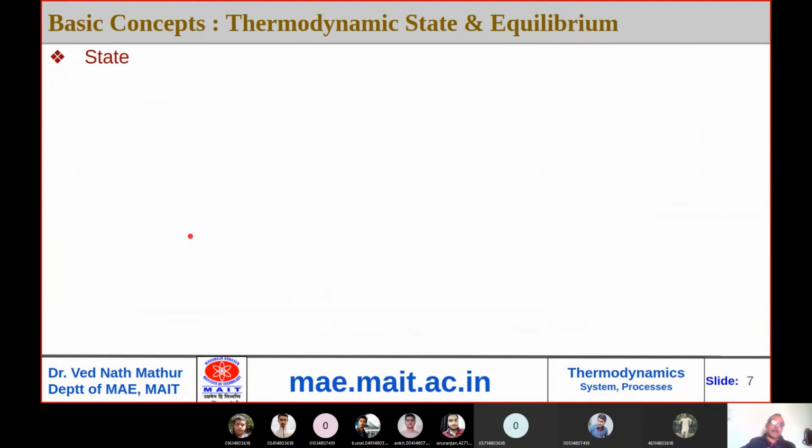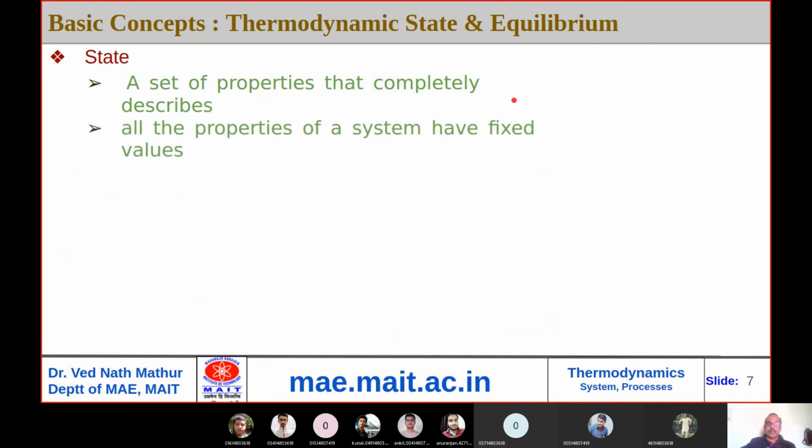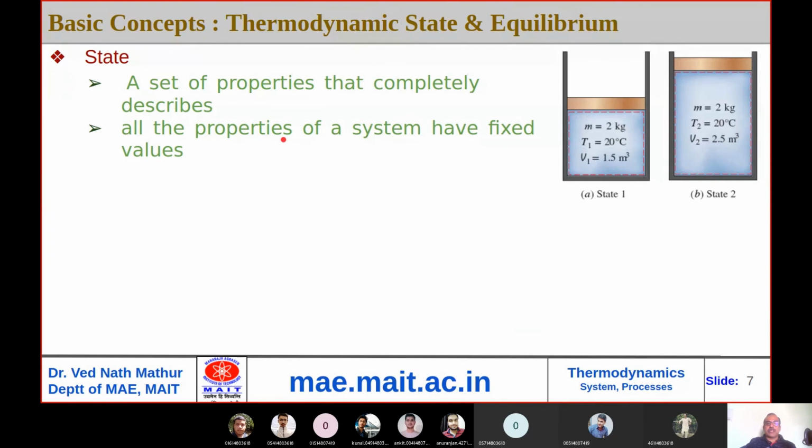What is the thermodynamic state? When you have a set of properties that completely describe the system, and all those properties of the system have fixed values, then we say that the system is in a fixed state.